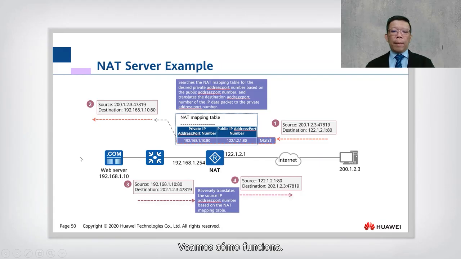So let's look into the mechanism of how this works. If you already understand static NAT, dynamic NAT, NAPT, and Easy IP, then this one is basically the same. In the first step, the source 200.1.2.3, with a random port number 47819, accesses the destination 122.1.2.1, which is the NAT public IP.